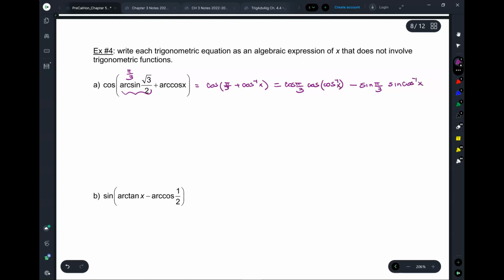Okay? So cosine, cosine, sine, sine. And then remember, first, second, like that is preserved. Well, because that's what you have here. Arc cosine is inverse. Right, I just wrote it out right now. Now I'm going to simplify.